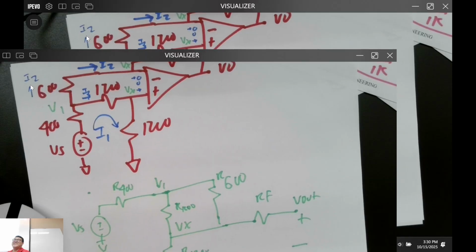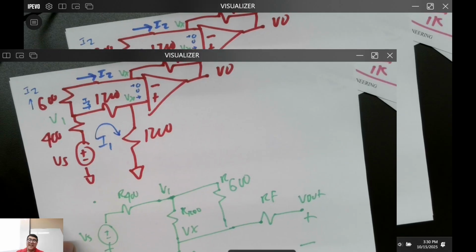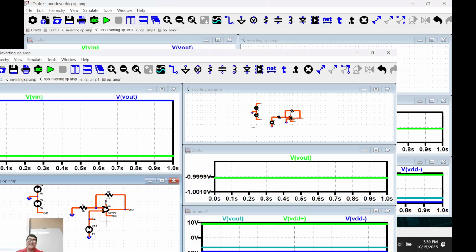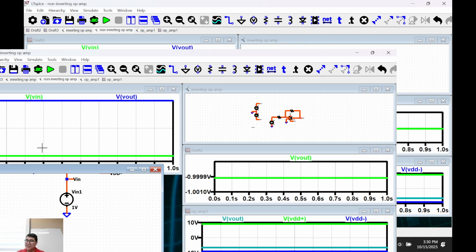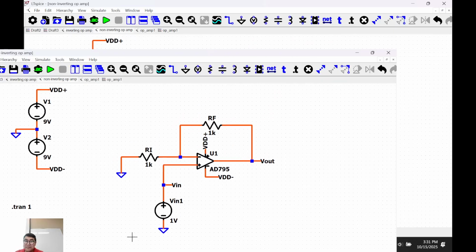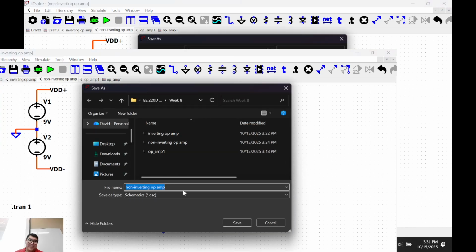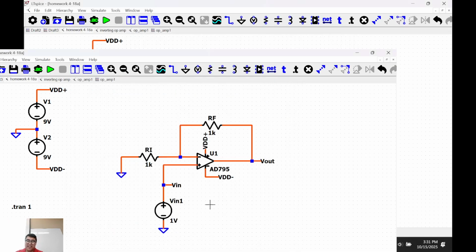Can you solve this circuit? Yes, no? If you just punch that into this, let me see if I can save this for you. Watch this. Save this as homework 4-18A. Right? Watch this. Move in. Boom.